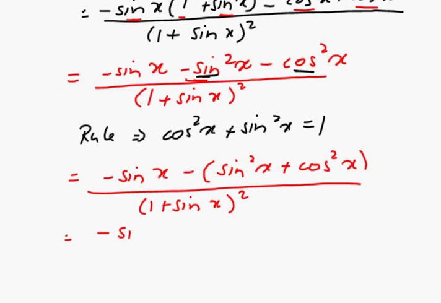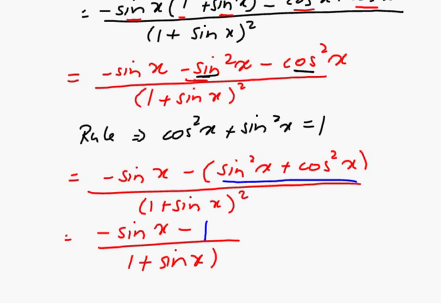So we're going to rewrite this in a more simplified version. Minus, the next thing is equal to 1, so we can write 1 over the g squared function, which is 1 plus sine x whole thing squared.